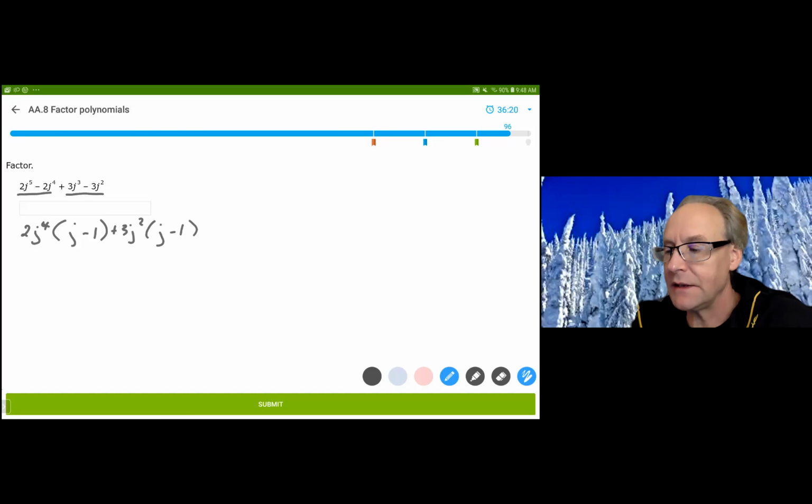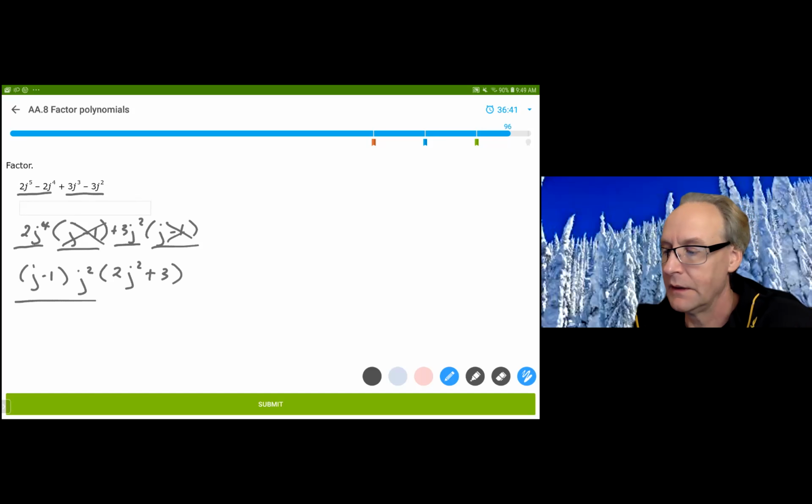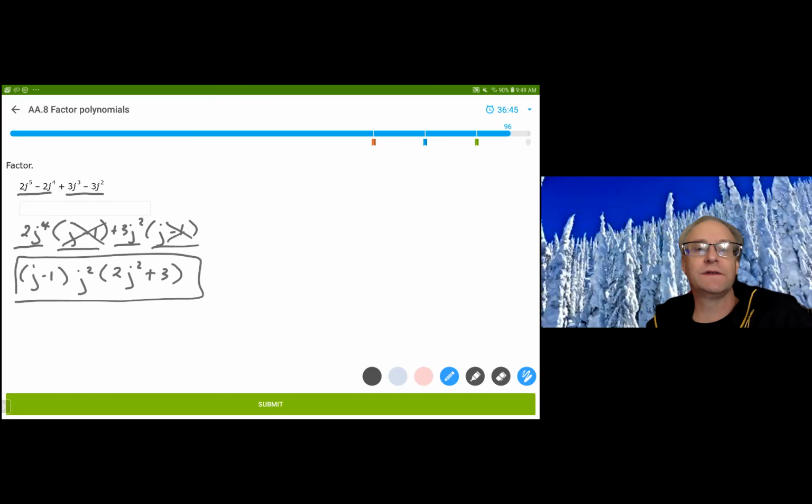Now, I can do two things at once. I can take out the j minus 1. And what's going to be left is the 2j to the 4th, I'll underline it, plus 3j squared. But take the j squared out of that, and you're left with 2j squared plus 3. See what I did there? I promise it's so much easier that way.